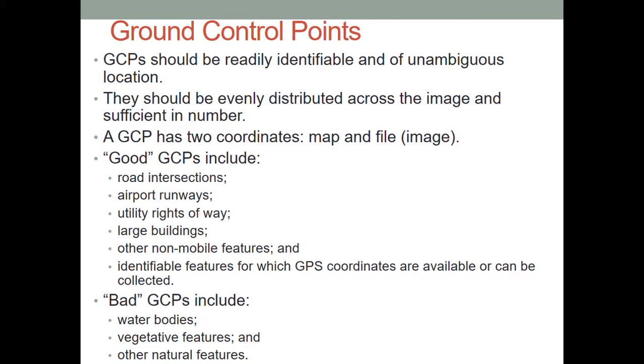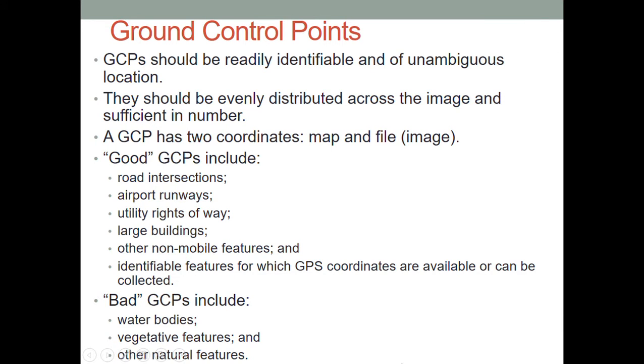Nevertheless, at different resolutions you can detect the features or landmarks that you use as your GCPs. And they should be evenly distributed. Remember, the image is something like this, a square. So it is good that you have one on the upper left, another on the upper right, lower left and lower right.